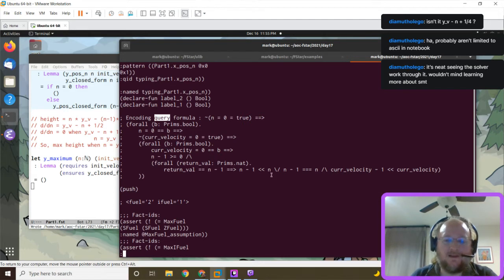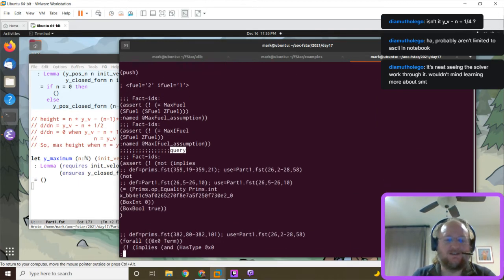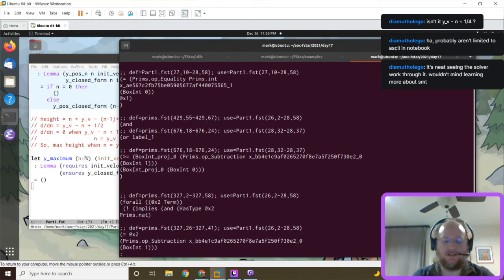I think, because this ordering relationship is how it proves termination. So I think this is just the query it sent down to verify that the function actually terminated.